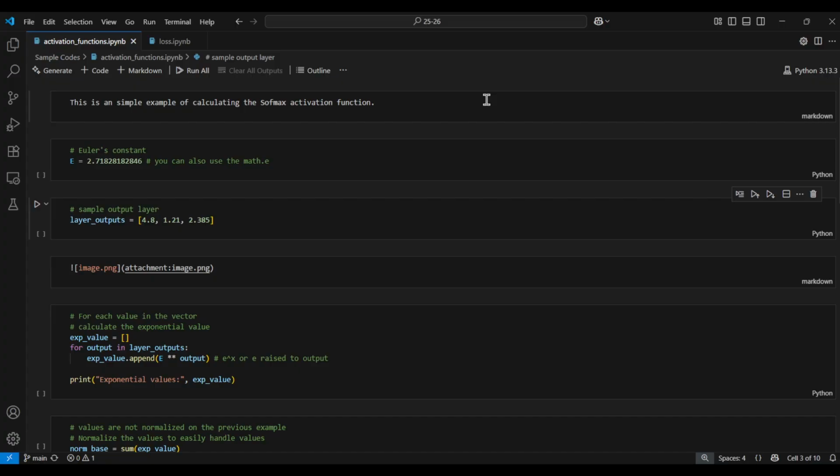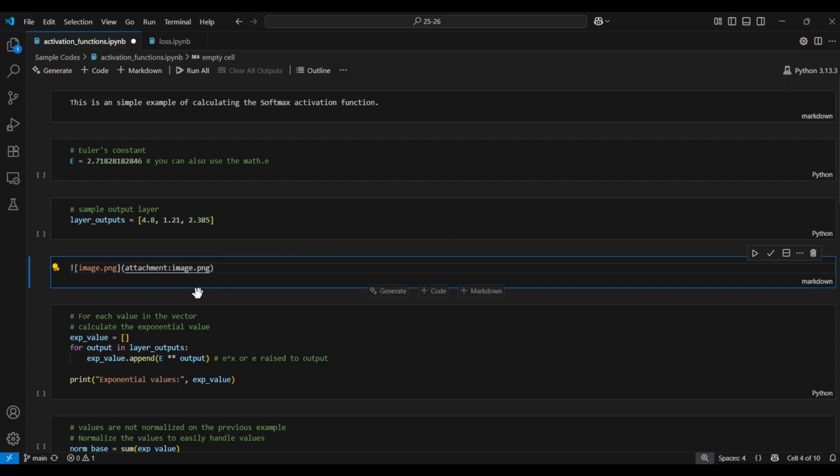Given here is a simple example of calculating the softmax activation function. If you remember, getting the softmax is 1 divided by 1 plus e, Euler's constant, raised to the negative x, where x is your output.